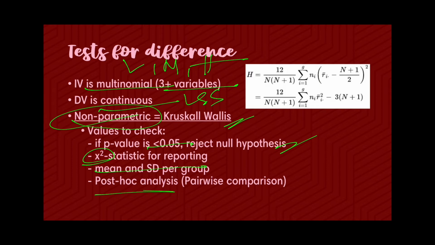And then you will also do a post-hoc analysis just in case you need to do a pairwise comparison, no? Again, low versus medium, medium versus high, low versus high, or if all of them have a difference. Now, remember, you will only do a post-hoc analysis when the p-value is less than 0.05. If it's not significant, then there's no point of doing a post-hoc analysis.